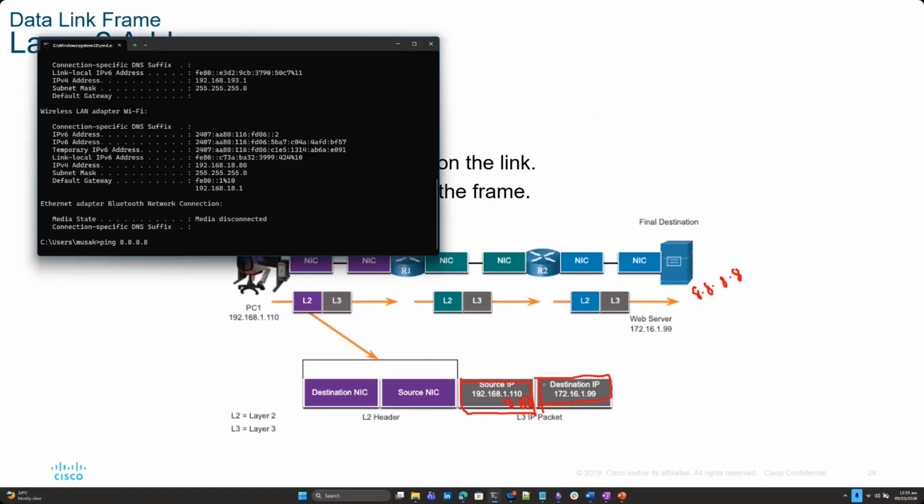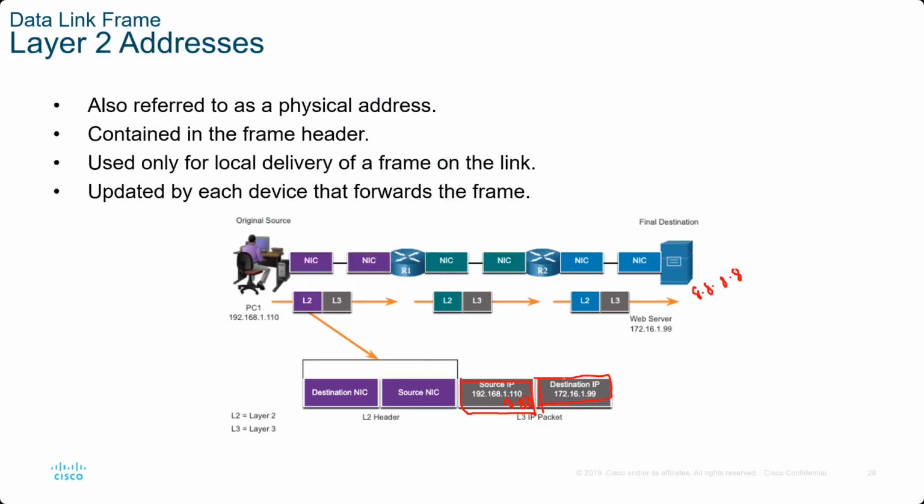As soon as I hit enter, my computer creates a packet at layer 3 whose destination is 8.8.8.8, and that computer is somewhere around the world. I'm connected to my access point, and then the ISP is connected to other routers around the world, eventually reaching connectivity up to that Google server, right?